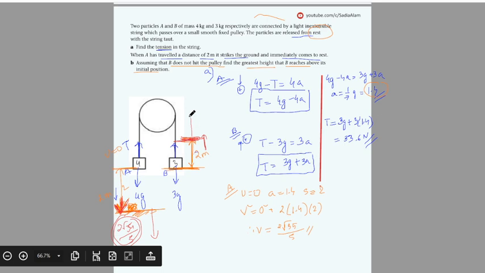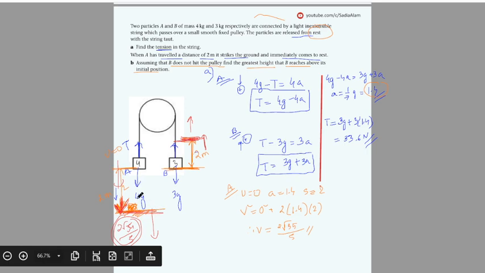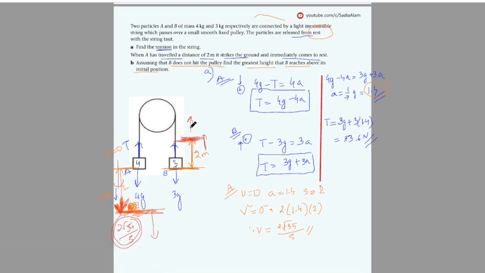So B will no longer feel any force that will pull it in upward direction. B is moving upward because A was going downward, right? So when A hits the ground, it's no longer moving in downward direction, it just stops, but B still continues to move because of inertia of motion.